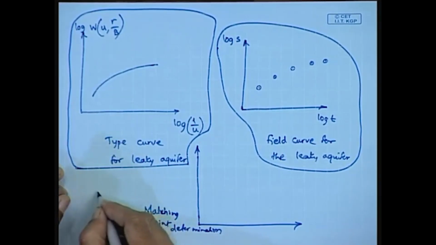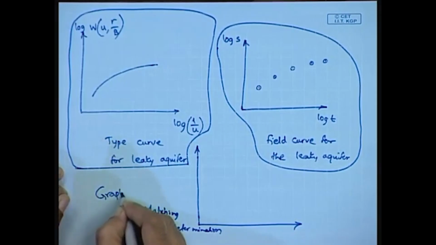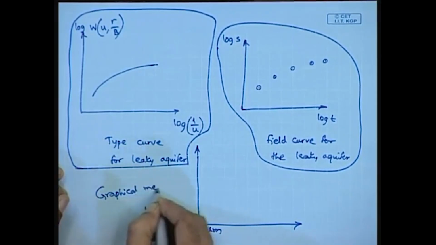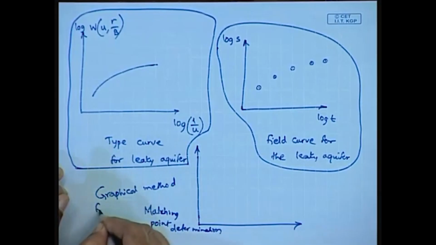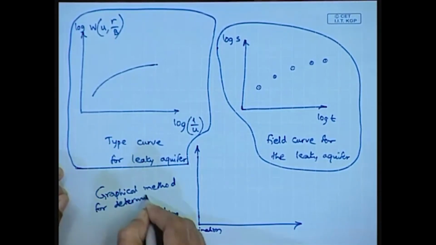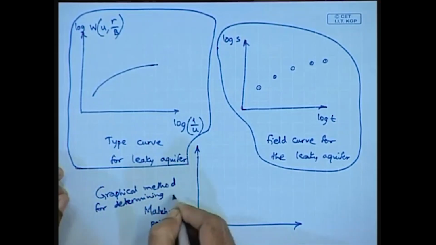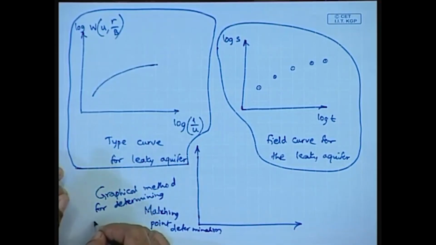So, this is the graphical method for determining leaky aquifer parameters, the formation constants.